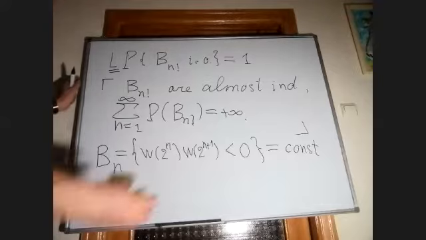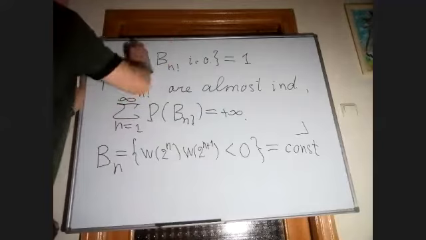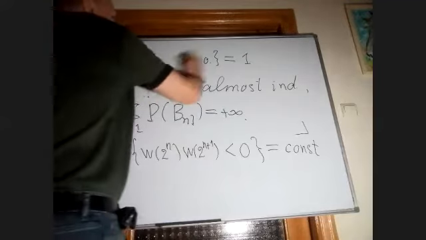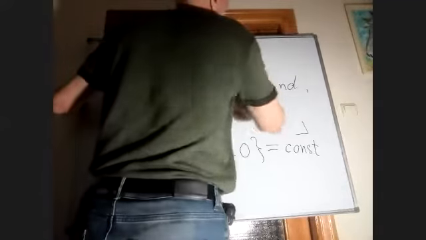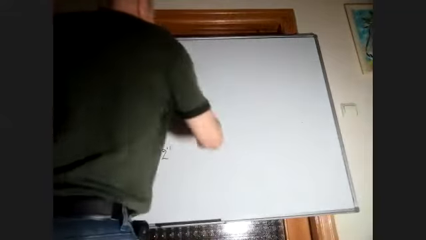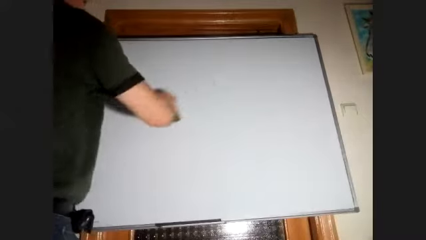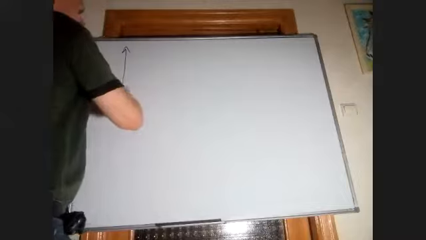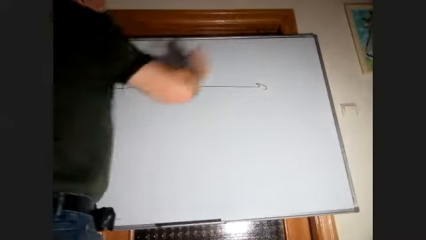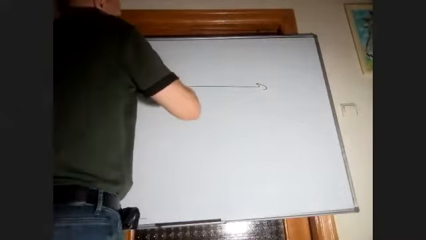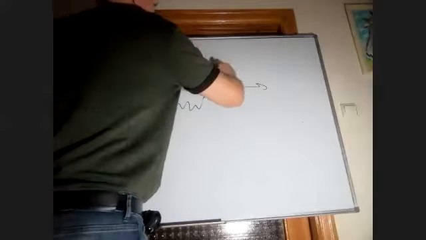So what did we prove? We proved the following: that a trajectory of the Wiener process has infinitely many roots on our real line.